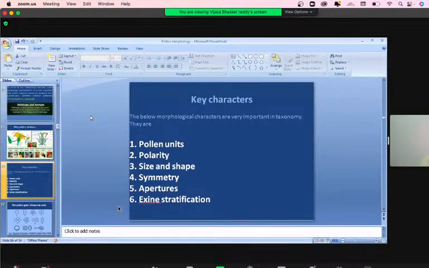And here, the morphological characters, the variations of the pollen grains, can be categorized into these: one is pollen units, another is polarity, then size and shape, symmetry, apertures, and exine stratification.